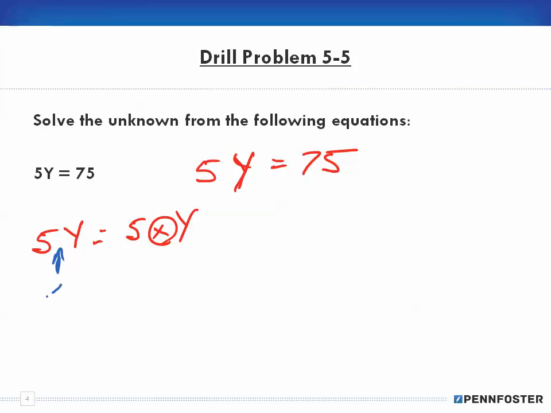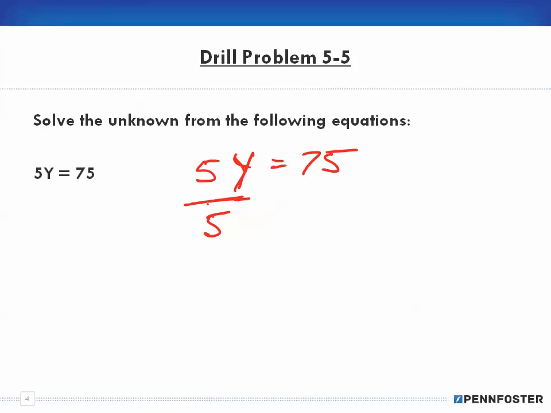So if we have multiplication going on the left-hand side, then in order to isolate the variable y, what we need to do is divide. And remember, what we do on one side, we do on the other. So I'm going to divide by that constant of 5.